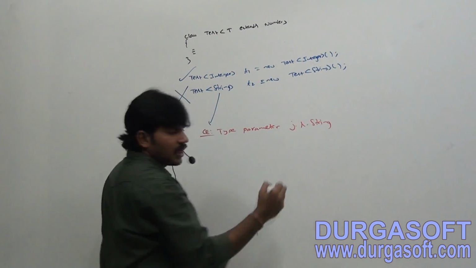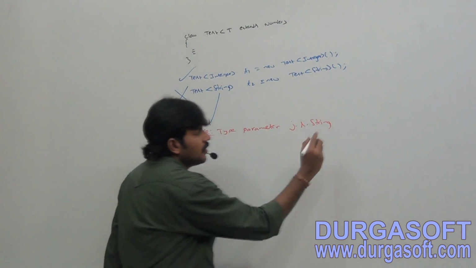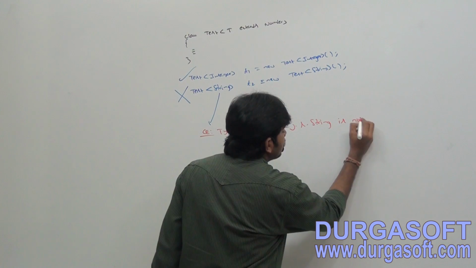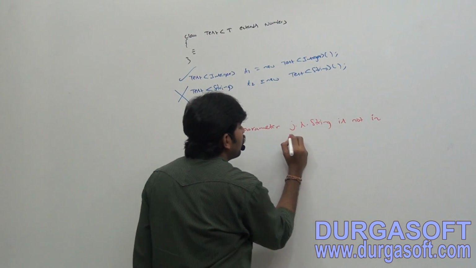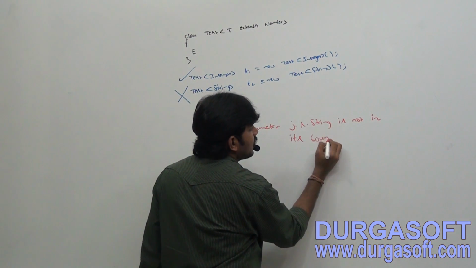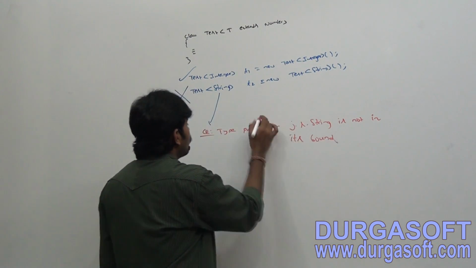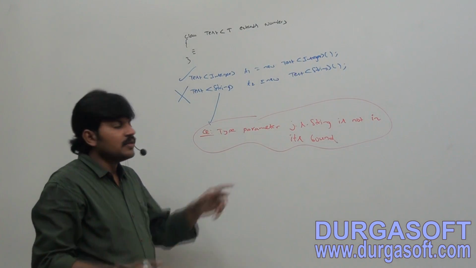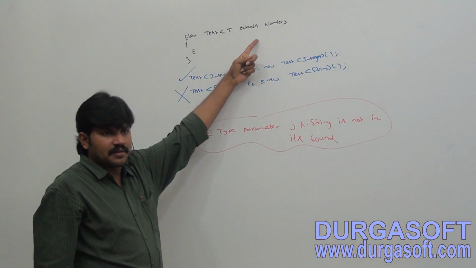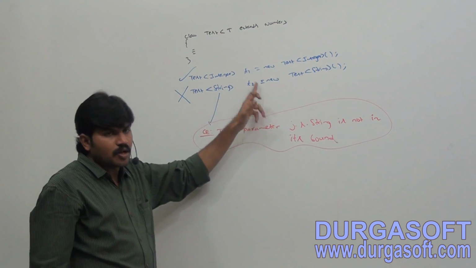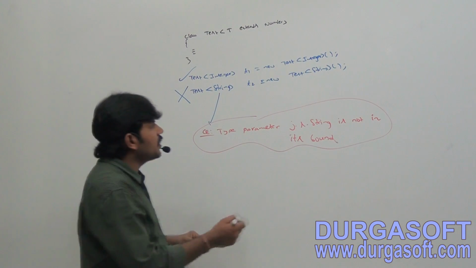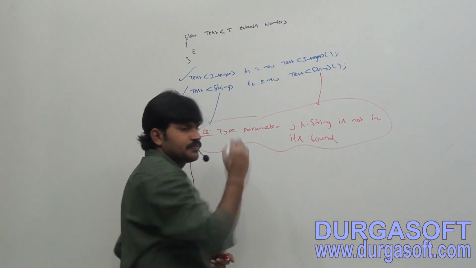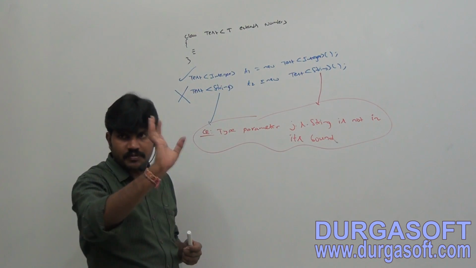Type parameter java.lang.String is not in its bound. Correct or not? Because such a type parameter is not in the boundary, you can't create an object for this class like this. I will execute and confirm anyway.